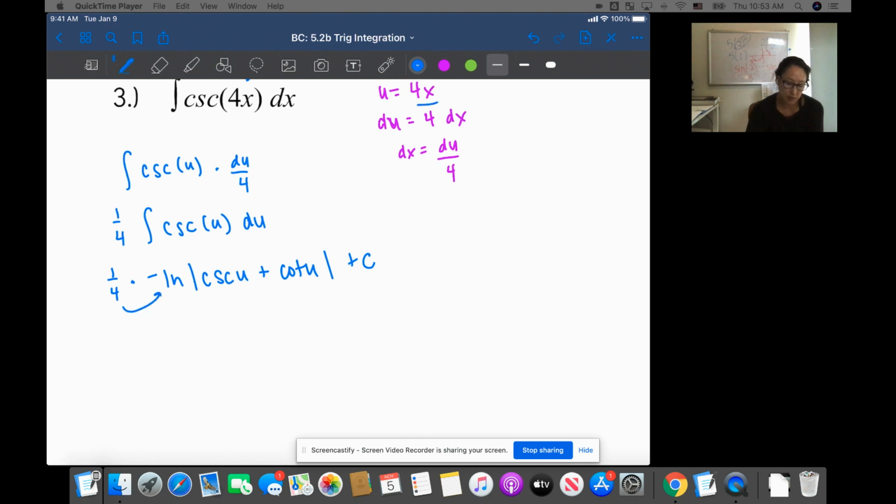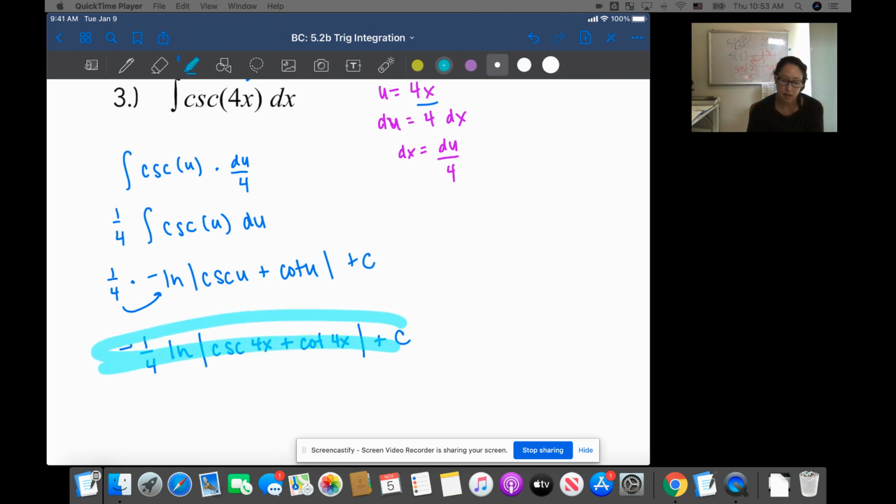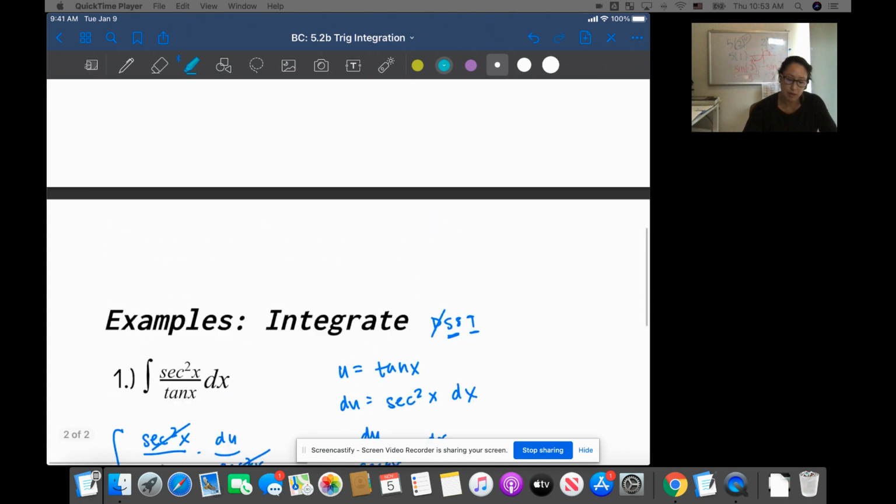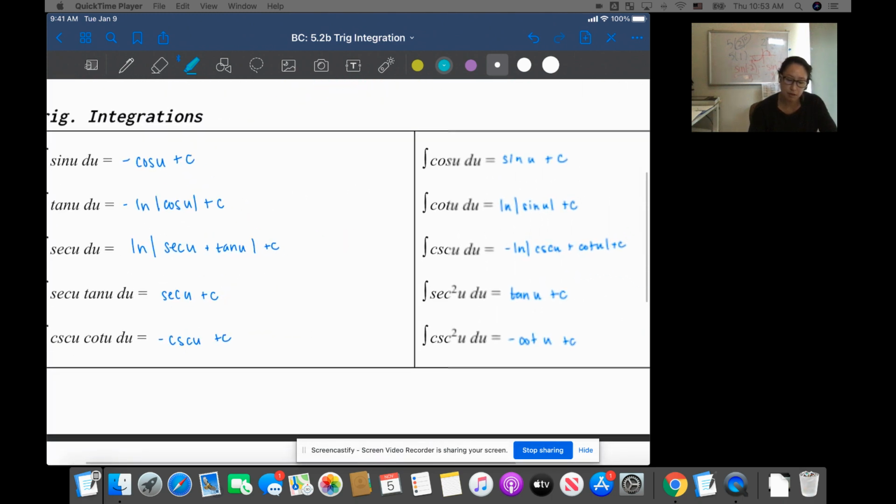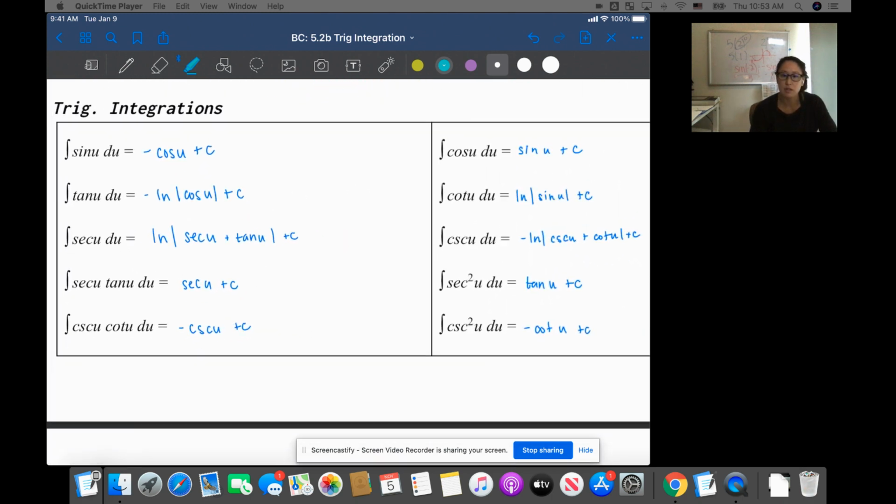And I'll just go ahead and multiply that with 1/4. So I have negative 1/4 times the ln of the absolute value of cosecant of 4x plus the cotangent of 4x plus c. Okay. And I'm just using my rules that I established for myself, like integral boundaries. There we go.